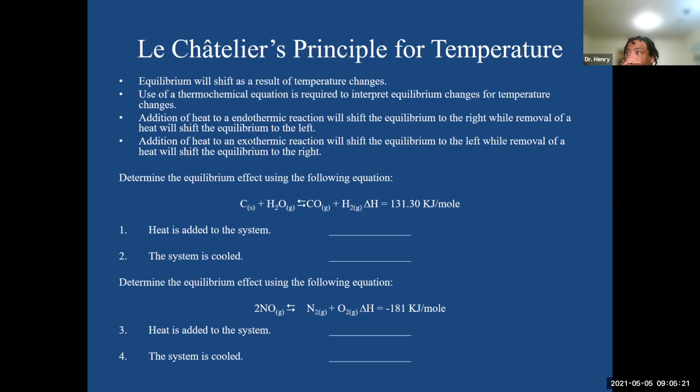Other way, it's going to shift right. Okay, so this equation here, is it exothermic or endothermic? Endo. Okay, so this guy's an endothermic reaction. Since heat is being added to the system, what's going to happen? It's going to go right.